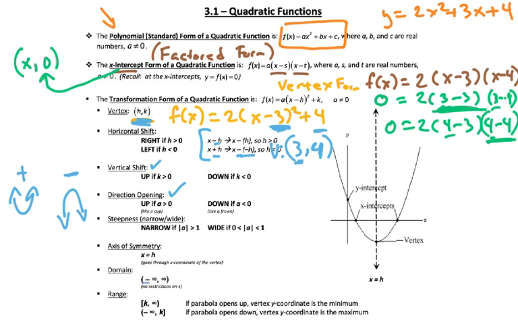And the steepness is very similar to what you would do with a linear function. So what I mean by that is the greater the a value, or I should say, the greater the absolute value of a is, the more your graph tends to hug the y-axis.